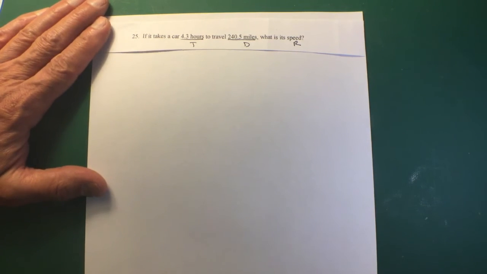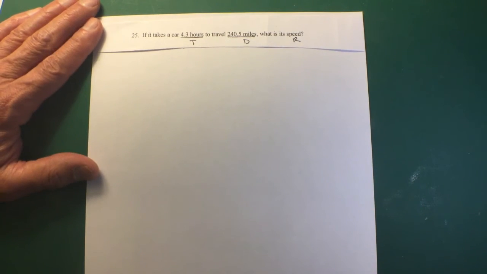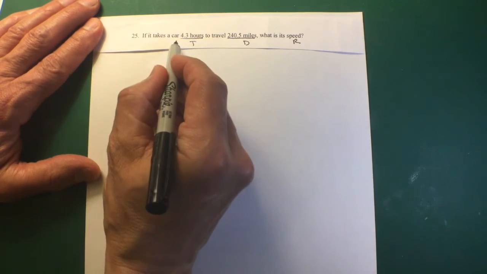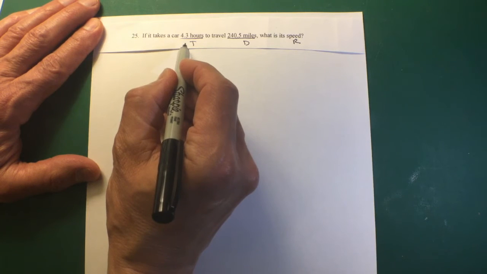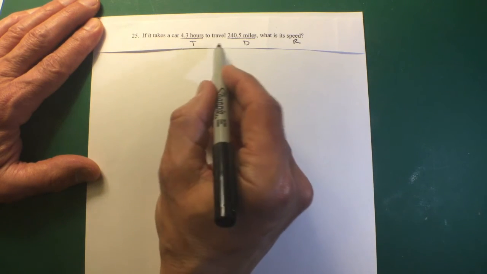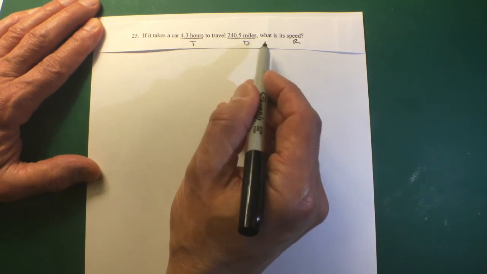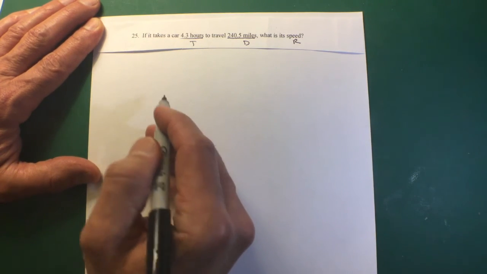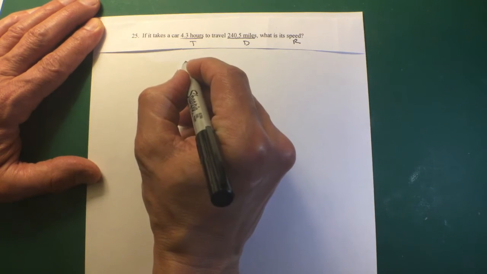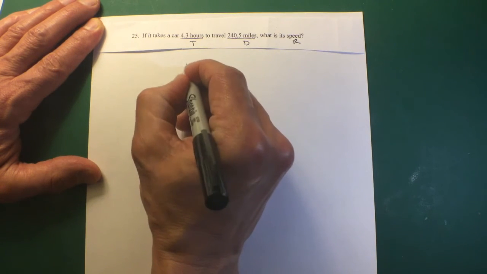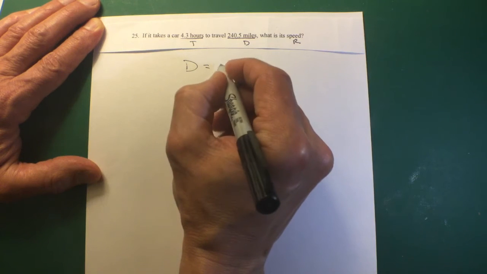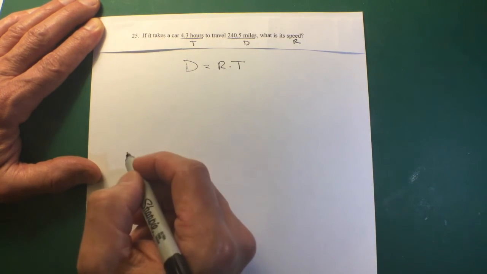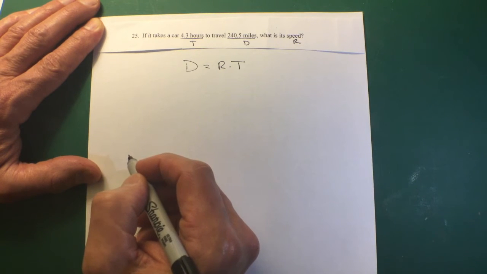Okay, so this is our last problem, and obviously you can see that it's definitely a distance, rate, and time problem. So if it takes a car 4.3 hours to travel 240.5 miles, what's its speed? Okay, so as you recall, the formula for problems like this is distance equals rate times time, or as I like to say, DIRT, a way of remembering it.